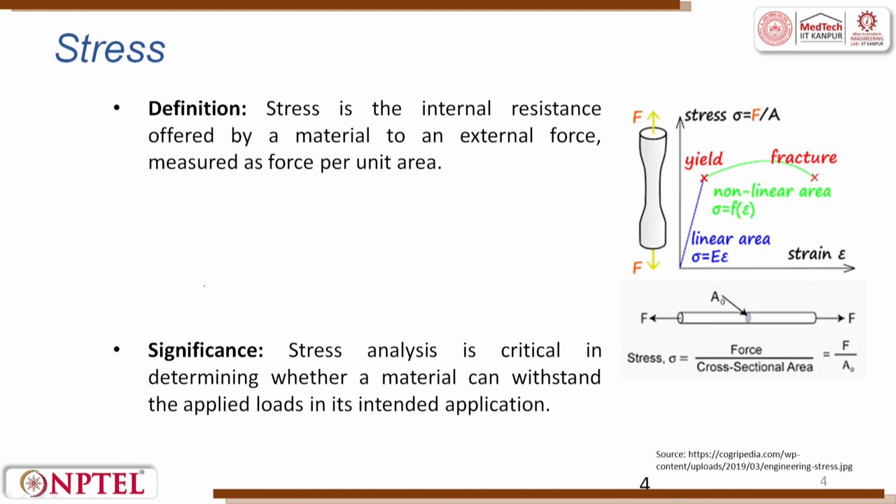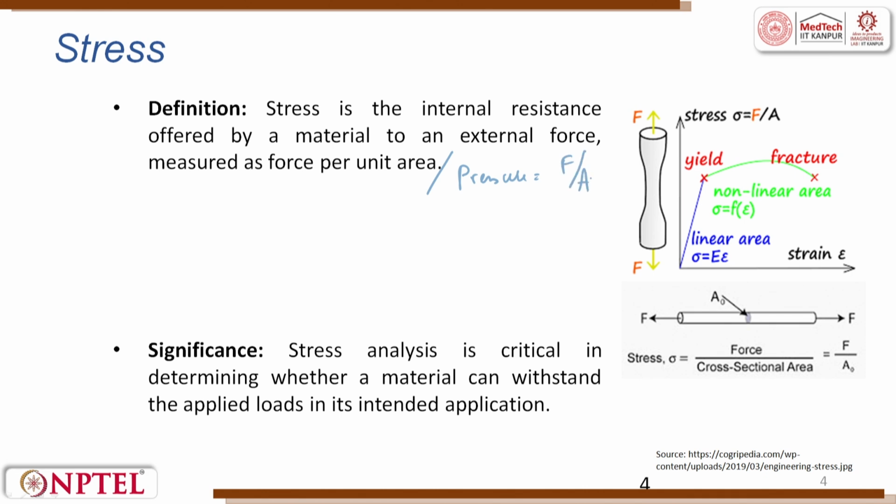Definition for stress: stress is the internal resistance offered by a material to an external force, measured as force per unit area. Can you draw an analogy somewhere else? Yes. Pressure is also force per unit area. Right?